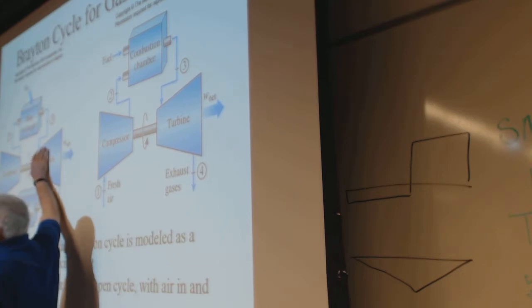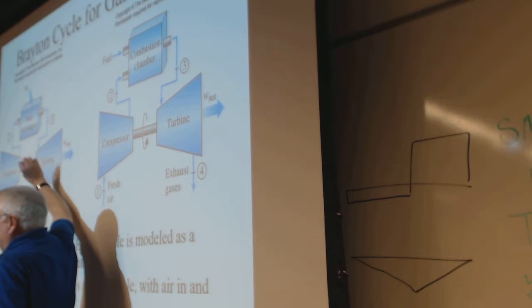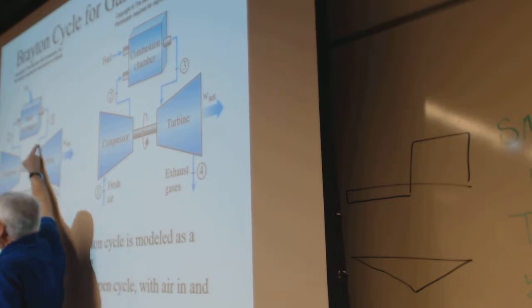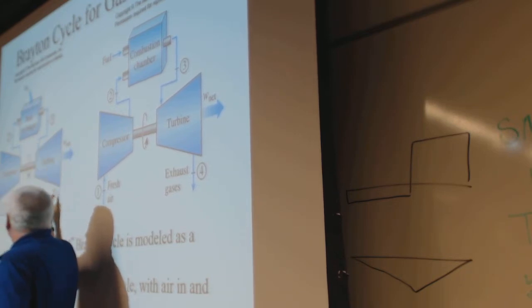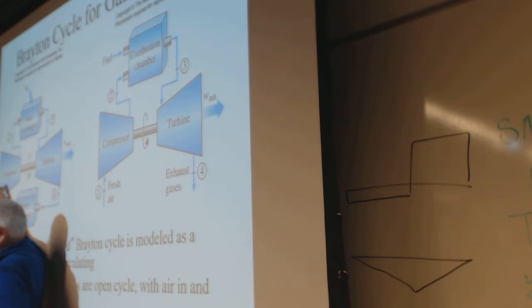But basically, how you do that, we don't worry about at this point. What does happen is it expands, and it starts off with a certain amount of energy here, and it comes out with some energy there. This would be an isentropic expansion. It's going to be an isentropic compression.